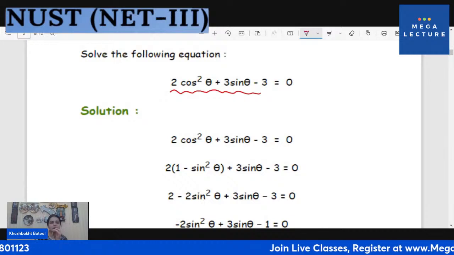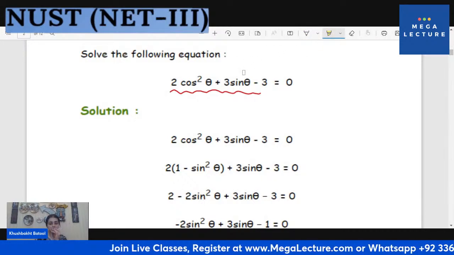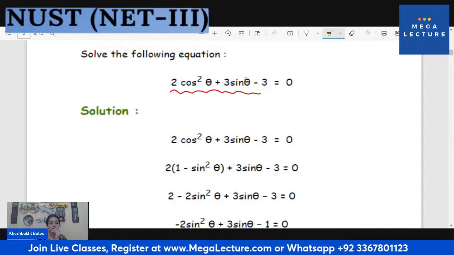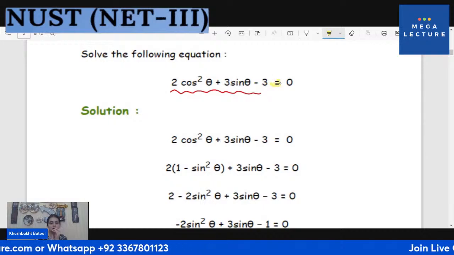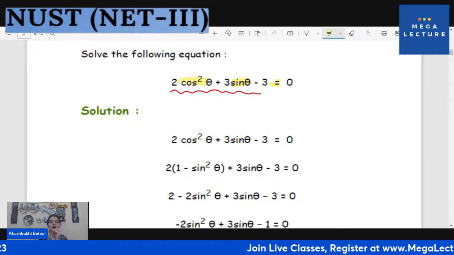Now, when we started off with this, I told you that in trigonometric equations, you can have different trigonometric functions. Like in this equation, this is an equation because we have this equality sign, we have sine, and we have cos square.